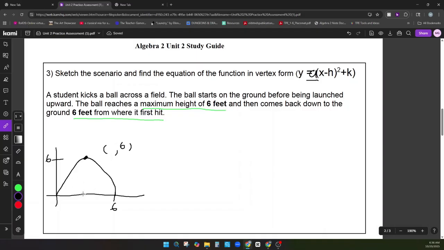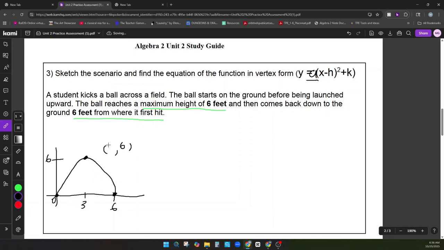What's a little bit trickier is to figure out what my x value is. However, what we should remember is that if we start at 0 and end at 6, and those are our x-intercepts, we know that our vertex is always in the middle of the x-intercepts. So halfway between 0 and 6 is going to be 3.